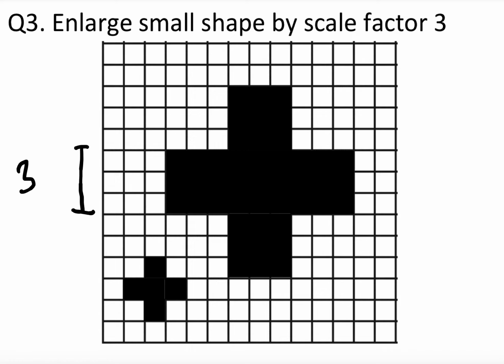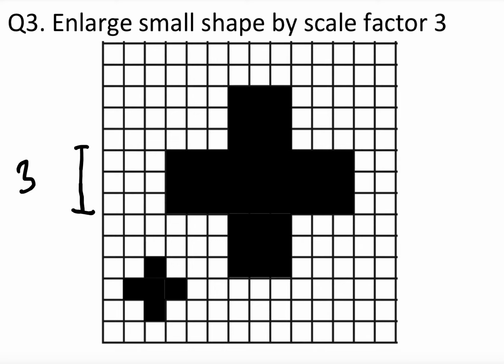Everything's just 3 times bigger. Something you probably need to practice on a graph, but the small cross has definitely been increased by 3. Everything's 3 times as big.